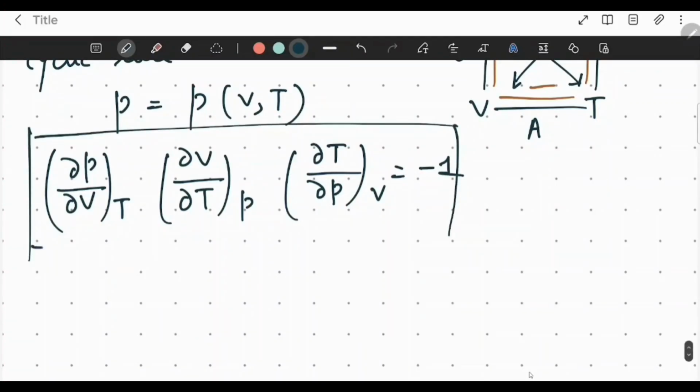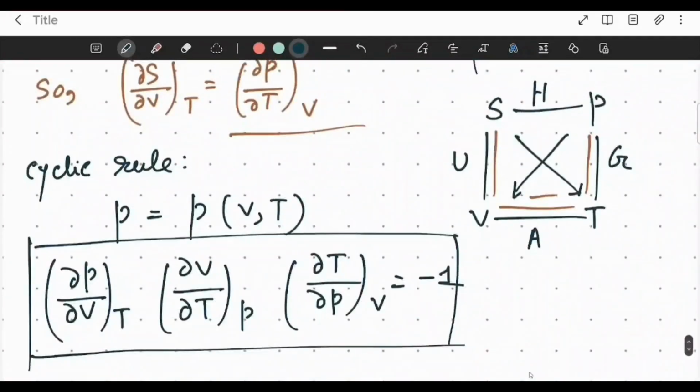This is the cyclic rule. You can prove this rule as well. There is no difficulty. If there is any problem, you can tell me in the next class and I will solve it. But this is easy to prove.